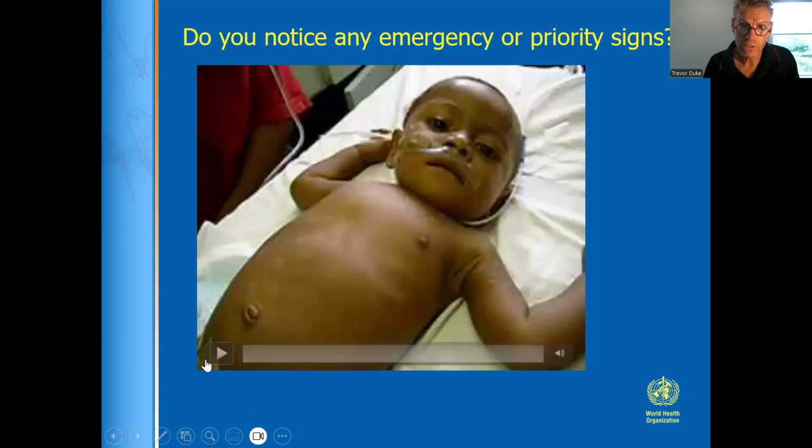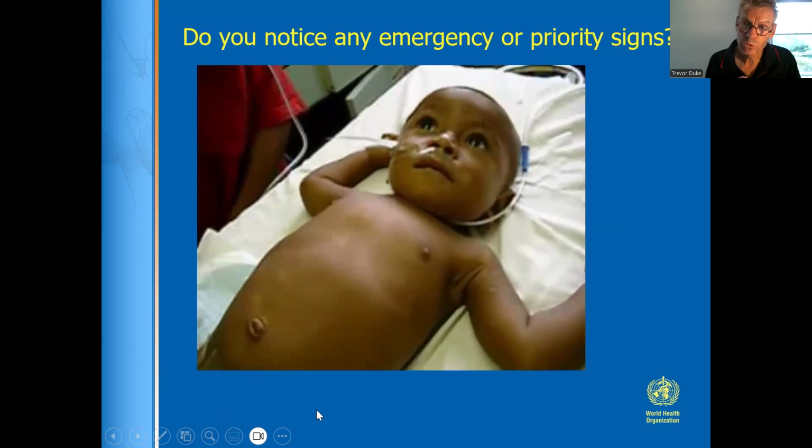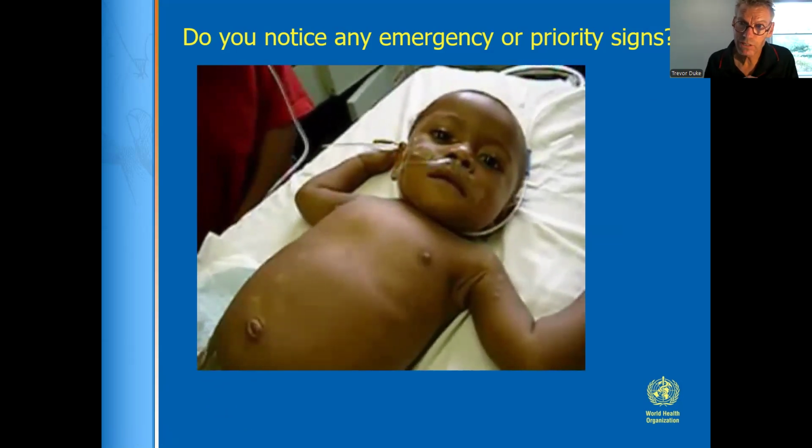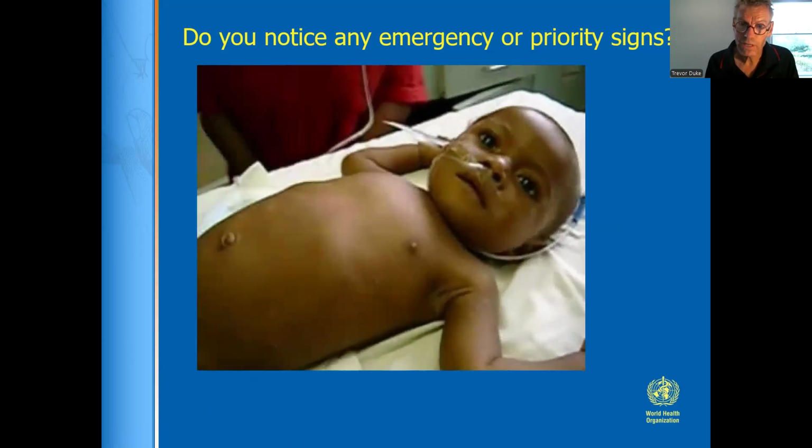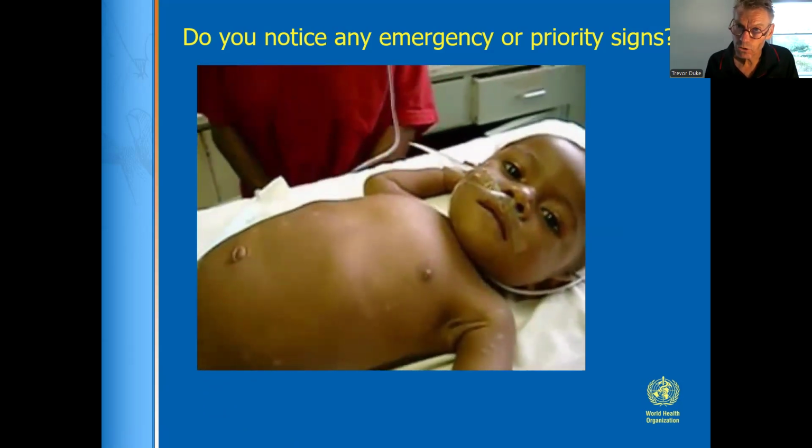The question is, do you notice any priority signs in this child? And in the Hospital Care for Children book, you can look up what the emergency and the priority signs are. And already we've seen this short clip, and I'm sure you can see that Ratu has severe respiratory distress. He has tachypnea. He has intercostal recession.